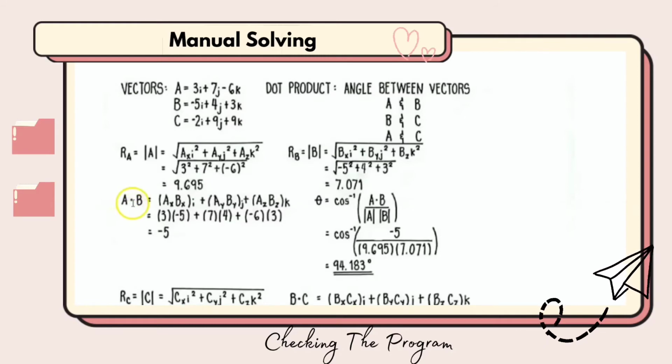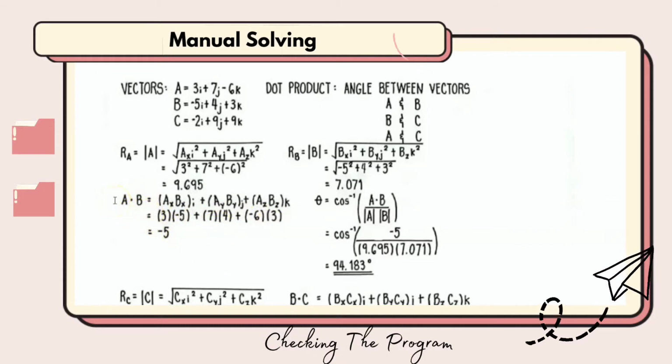In multiplying the two vectors, the formula we are going to use is vector A dot vector B equals AX times BX i plus AY times BY j plus AZ times BZ k. Then substitute the givens into the formula, solve it, and you get -5.